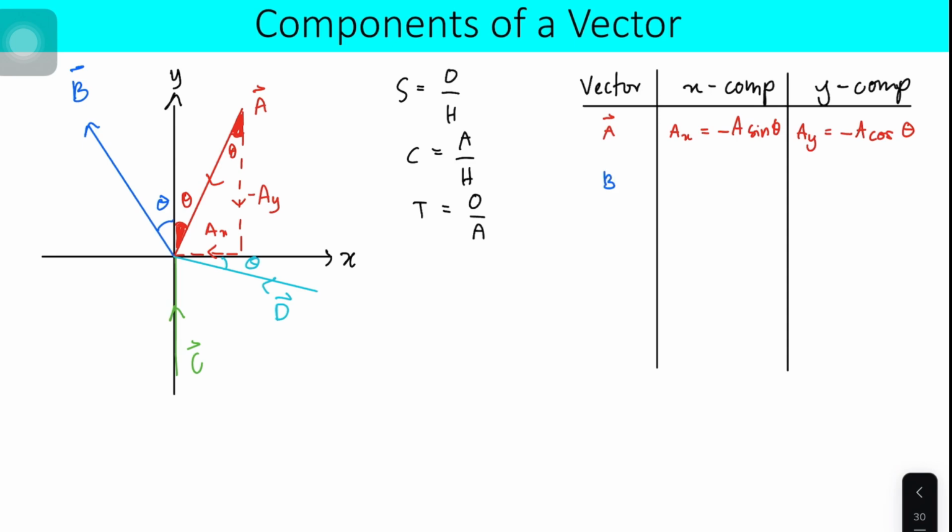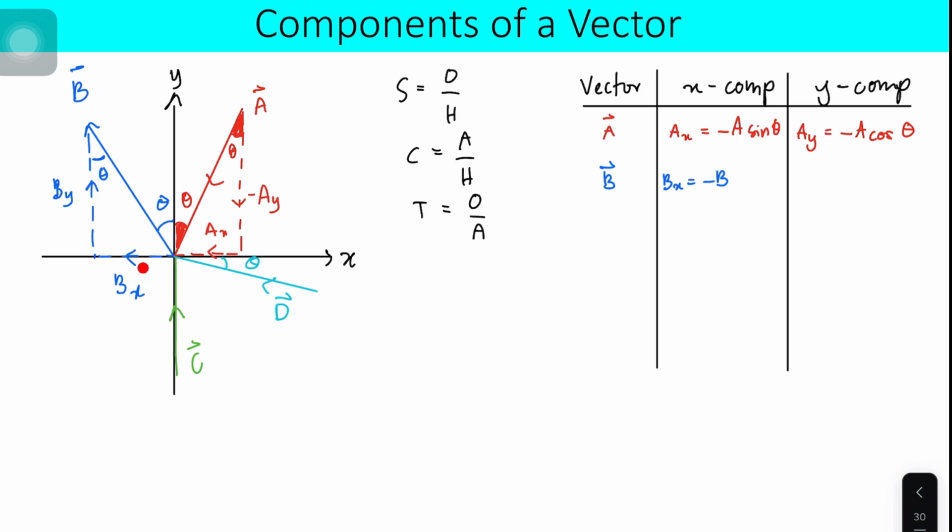Then now let's move to vector B. For the components of vector B, we have By here and Bx here. For Bx, it has a negative sign, which is negative B. What about the angle? This is the same angle as this. With respect to this angle, our Bx is the opposite side.